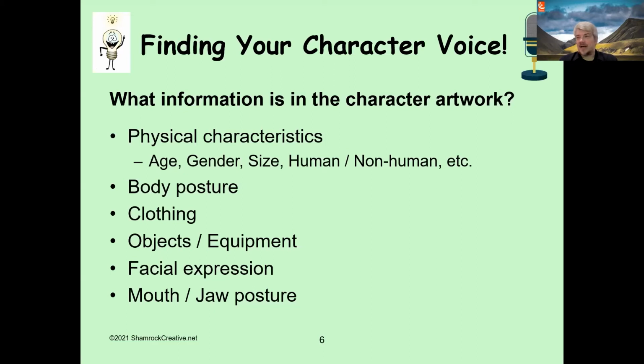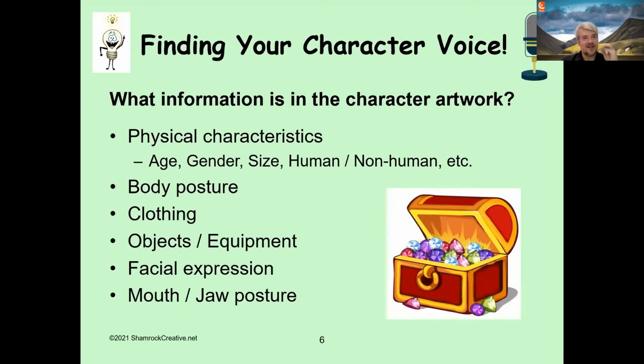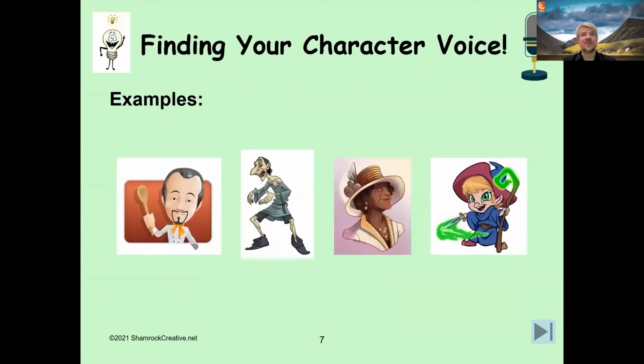Imagine looking at Bugs Bunny or Sonic the Hedgehog for the first time and going, what does this person sound like? Or, pick your character. You can tell a lot of things by the artwork, by the picture or by the drawing. Their posture, what they are wearing, what they are carrying can give you a lot of information. And those are really gems of information that you can use to build a character.